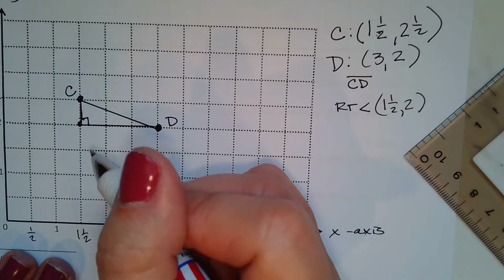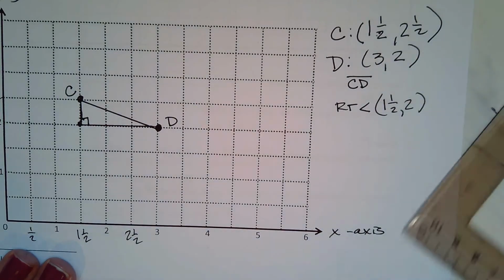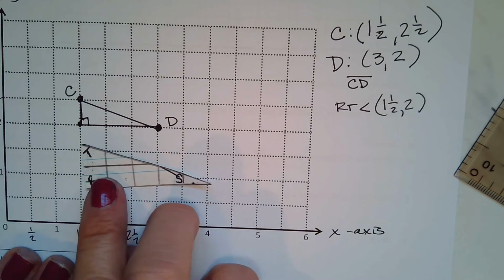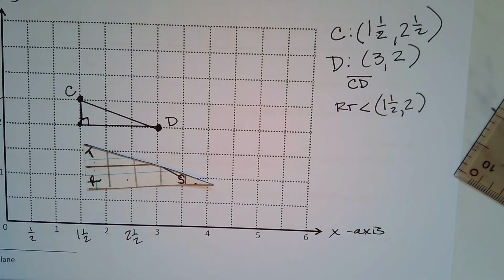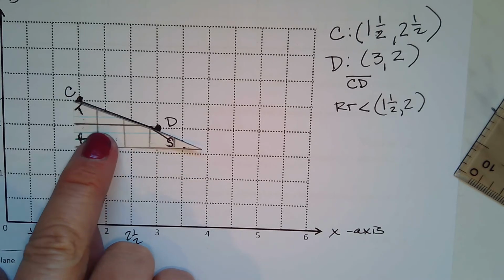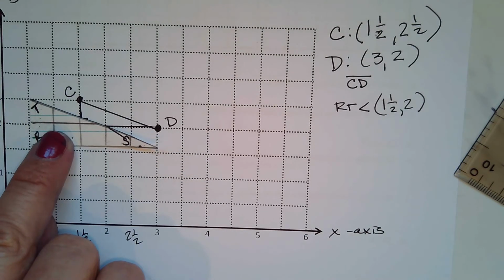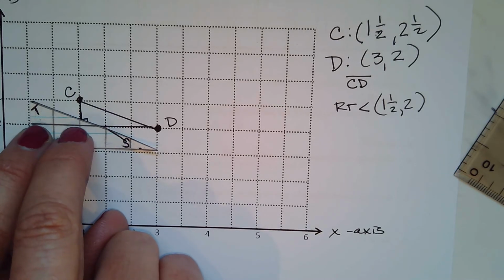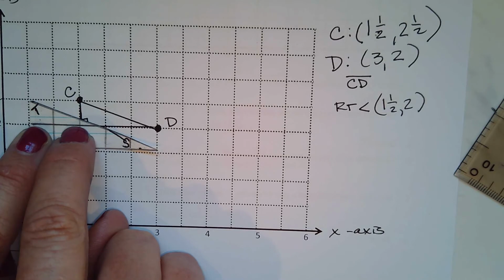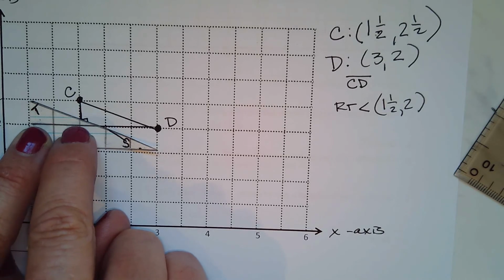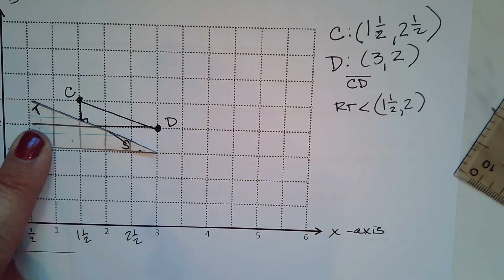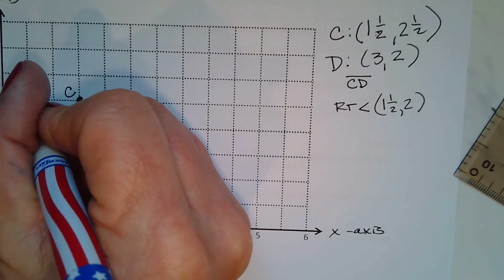Now, visualize the triangle moving 2 grid units to the left. So if it moved 2 grid units to the left, it'd be this point right here now, right? What is the location of the new vertex?